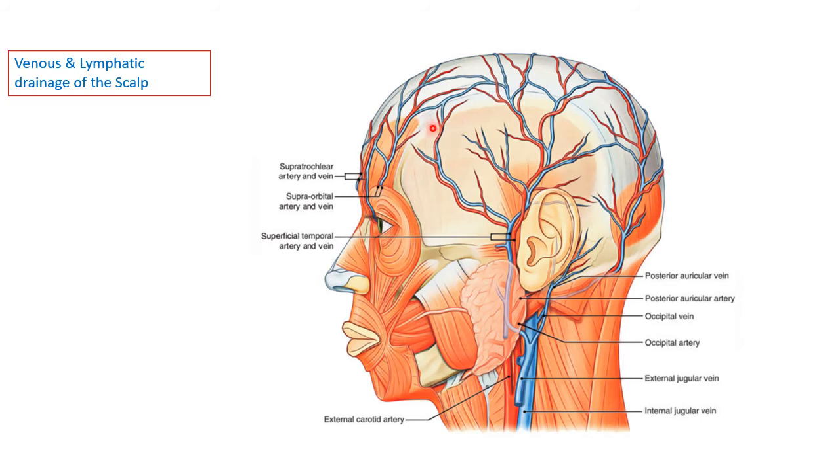The veins of the scalp communicate with the intracranial dural venous sinuses through emissary veins. What are emissary veins?